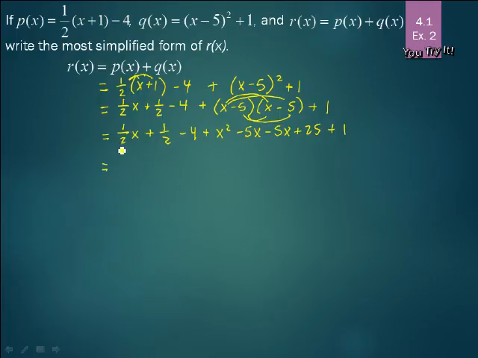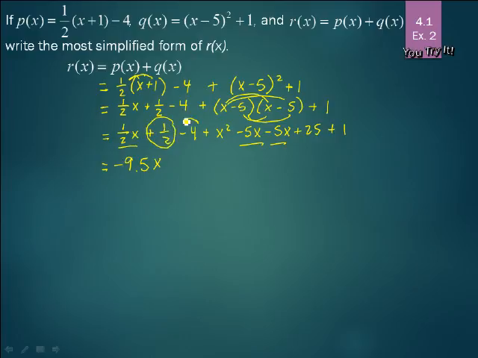So let's combine the x's here. We have 1/2 x, negative 5x, negative 5x, and that's all for just x to the first power. Well, I know negative 5 minus 5 is negative 10x, and then plus 1/2, that's negative 9.5. So I'm just going to put that in decimal form, x, and then we can add together our numbers.